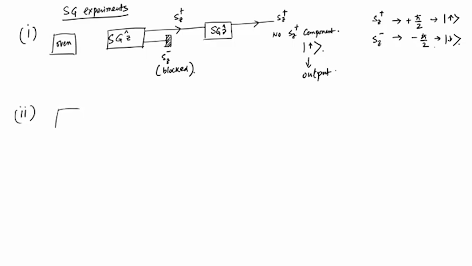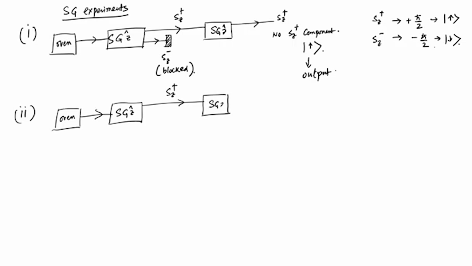Okay. Consider a second case where there is an oven here. Now we have an SGZ, and again we let this Sz plus go through and send it through, say, SGX, which means the magnetic field is non-uniform in the x direction, or along the x direction.